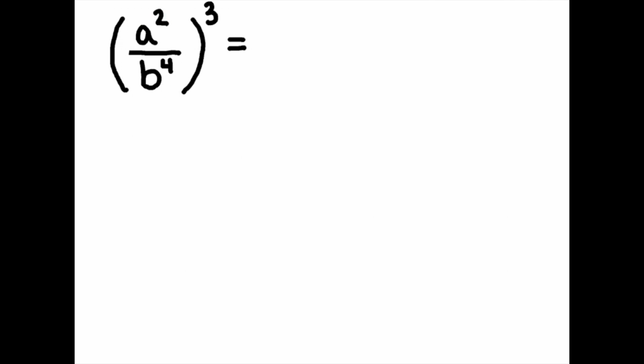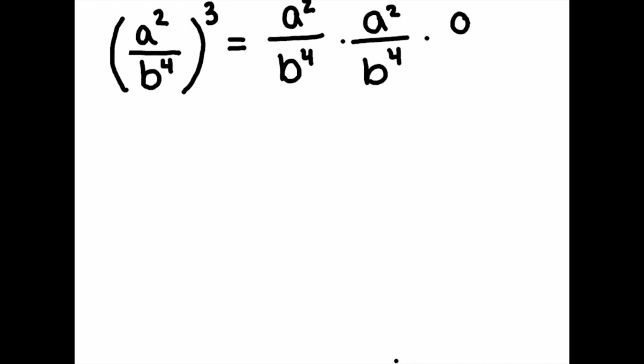So that looks like a squared over b to the 4th times a squared over b to the 4th times a squared over b to the 4th. Look, I'm multiplying everything straight across, right? When we multiply fractions, we multiply straight across.